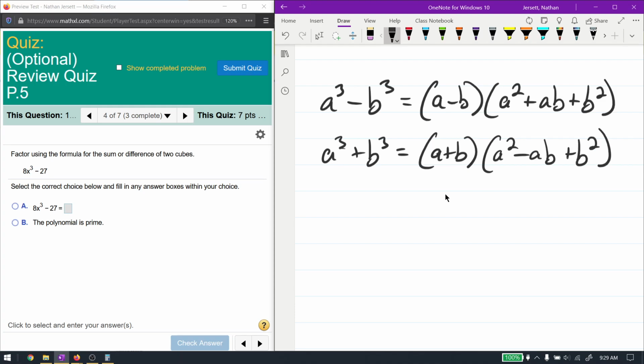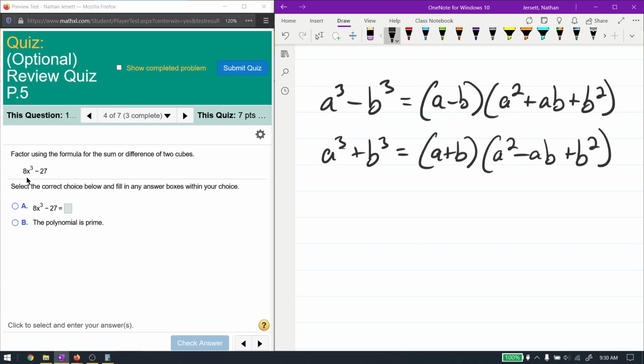You'll notice that negative becomes a negative there. Positive is a positive there. And the only thing that changes is this sign there. And that's because it's always the opposite of whatever the first sign is. You can kind of tell that. That's how I memorize it. And then of course, a squared, ab, b squared. That's because there's two things here, two things there, two things there. That's kind of how I memorize it, but you don't need to.